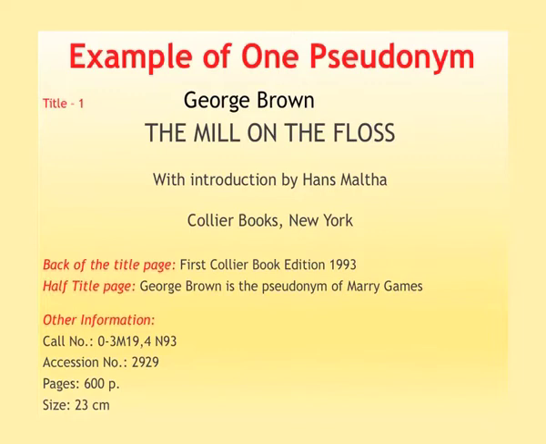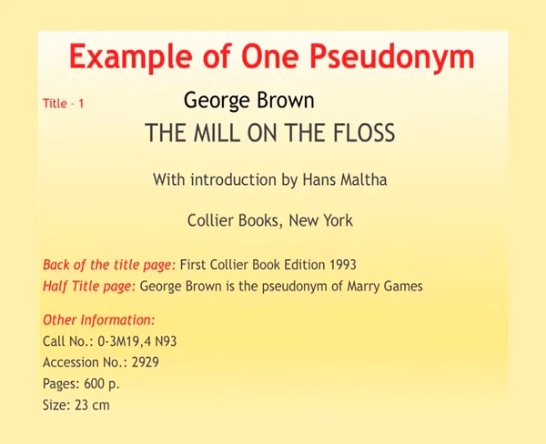Then on the half title page, in the book, it is found that the book is written by a person whose name is Mary James, and George Brown is the fictitious name or pseudonym of Mary James.